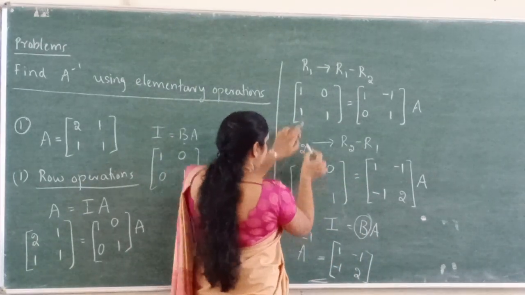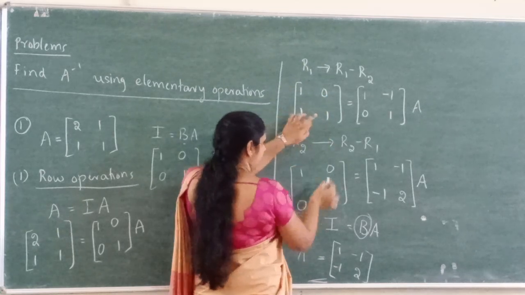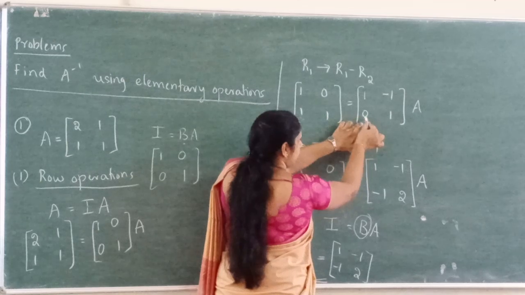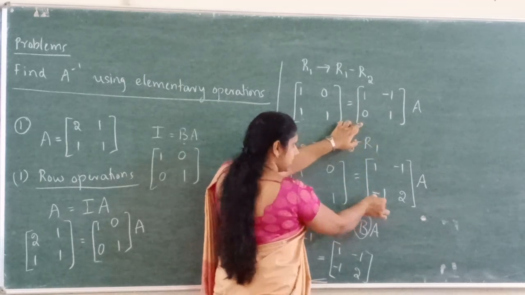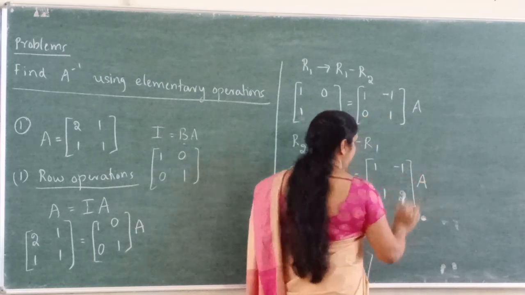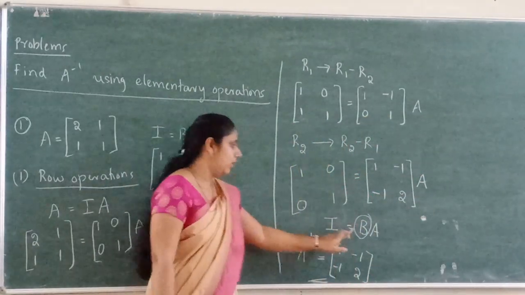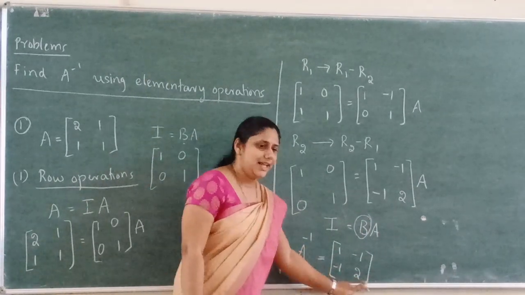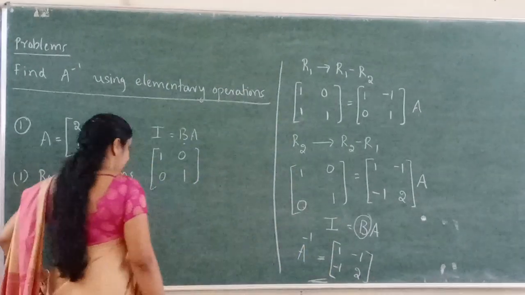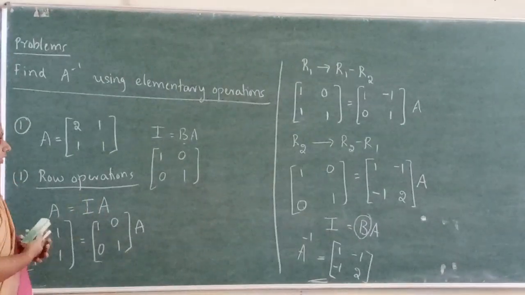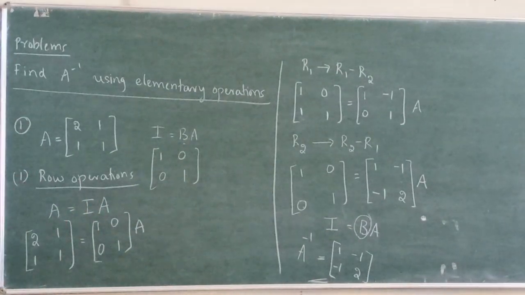So 1 minus 1, 0. 1 minus 0, 1. Again here 0 minus 1, minus 1. 1 minus of minus 1, 2 into A. So this is of the form I is equal to B into A. So this matrix B is called A inverse. Now we will do the same problem with the column operation.